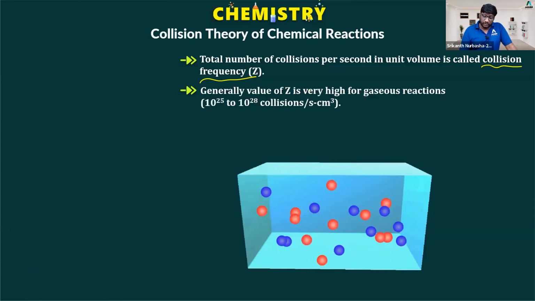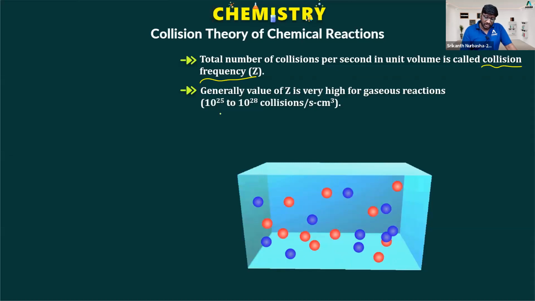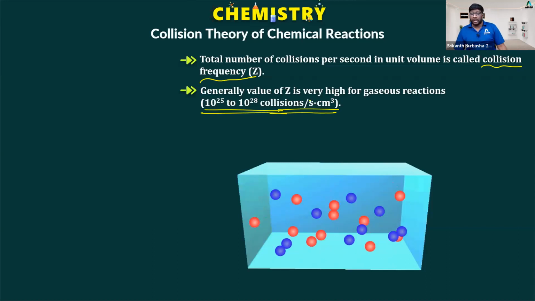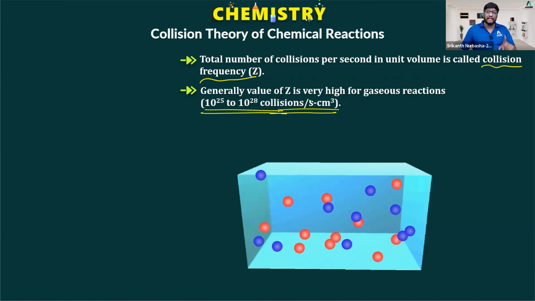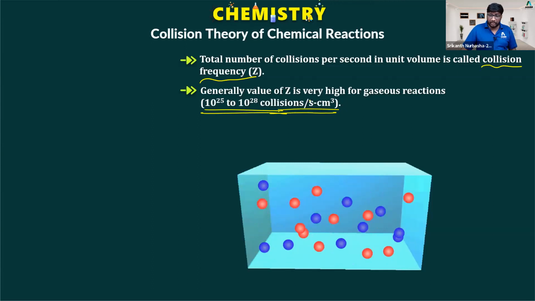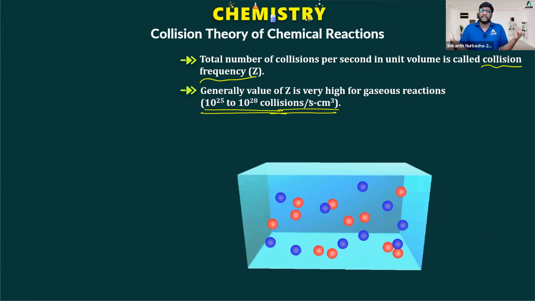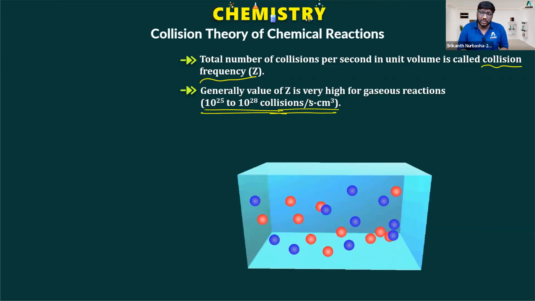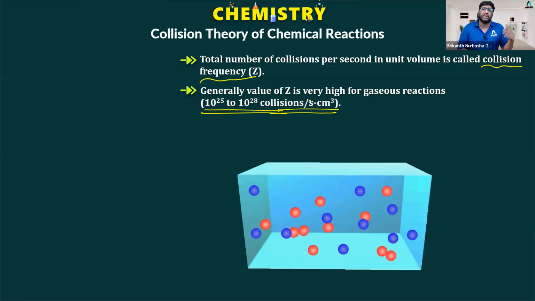Generally, the value of collision frequency is very high for gaseous reactions. You can imagine the total volume. In 1 second itself, these many collisions are happening. Out of these collisions, all the collisions are not effective, only some are effective.